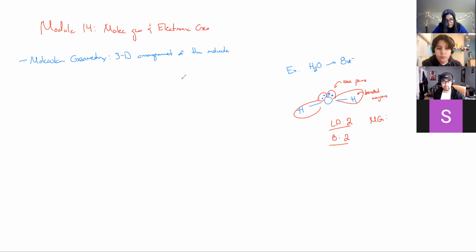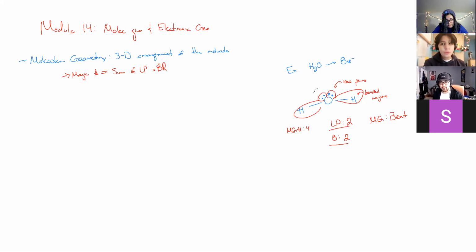Our magic number is the sum of our lone pairs plus our bonded regions. So what's our magic number here? 4. Yes, that's exactly right. Our molecular geometry is bent.